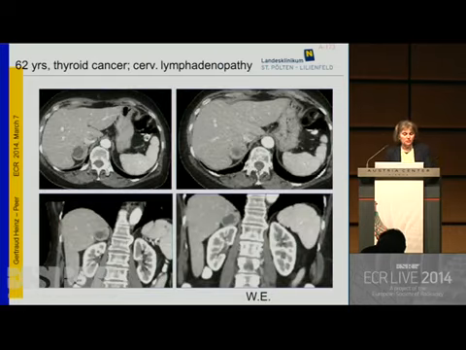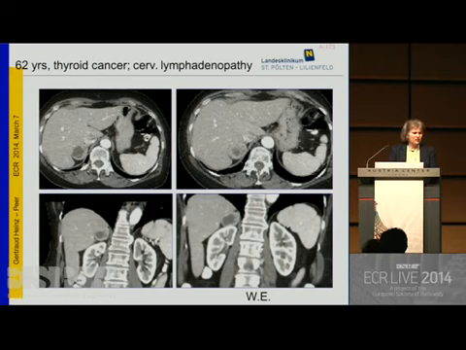This is another patient diagnosed with thyroid cancer, and he also had positive cervical lymph nodes, and additionally he presented with this right adrenal mass. Is it a benign lesion or is it a malignant lesion? This really has another impact on the therapeutic approach. What do you think?